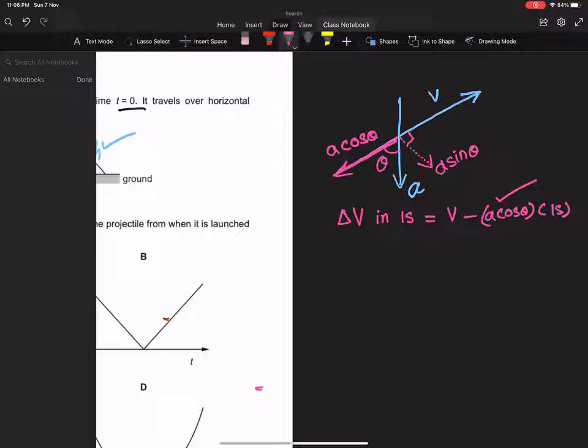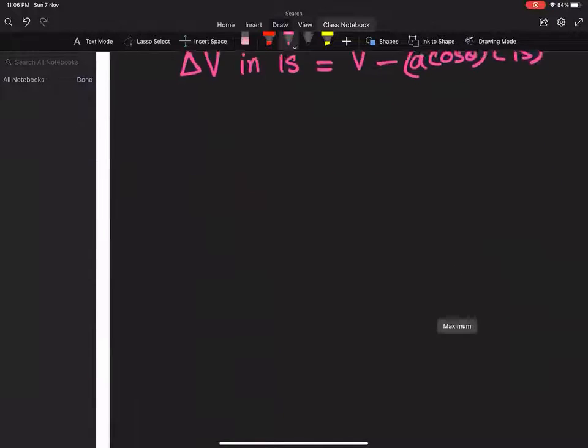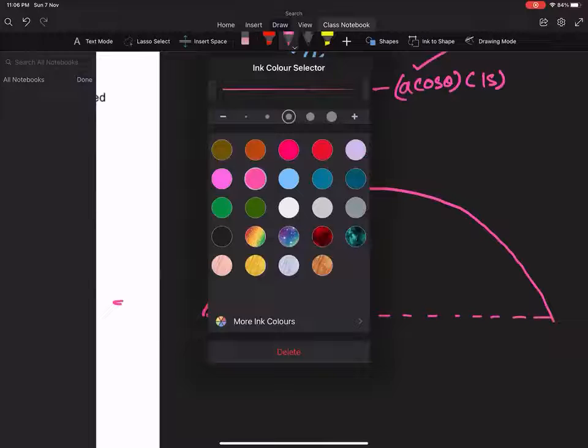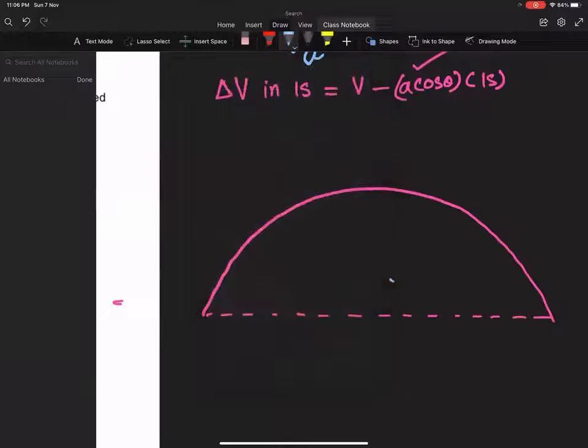Now, if we apply this same concept on the projectile, for the projectile motion at different points, the velocity is at some angle. Like if you want to draw velocity, for example, here it is, this velocity is tangent to the motion.